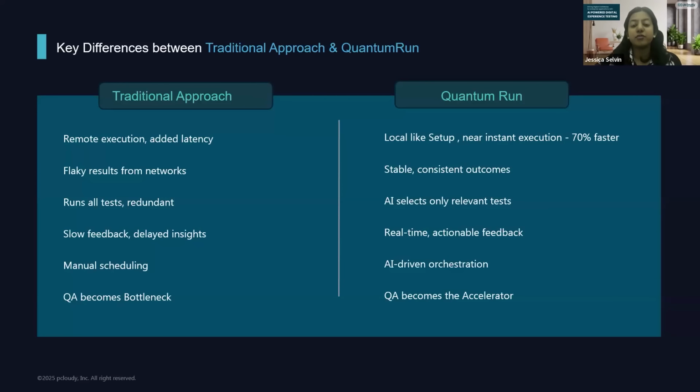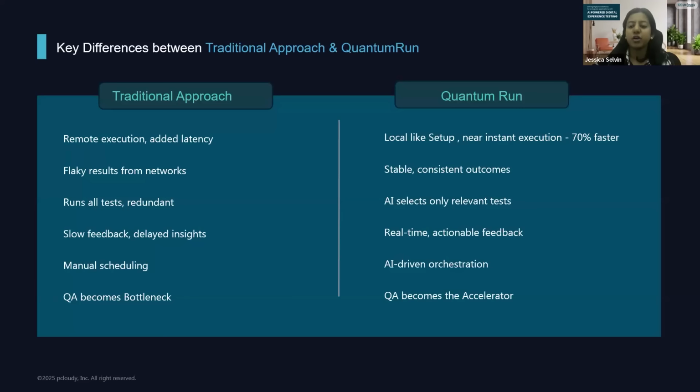And also the network-driven flakiness is addressed, with isolated workers and devices yielding consistent results. And instead of running everything, the AI selects only the tests that matter, and based on prioritization and history, it is able to make those calls.